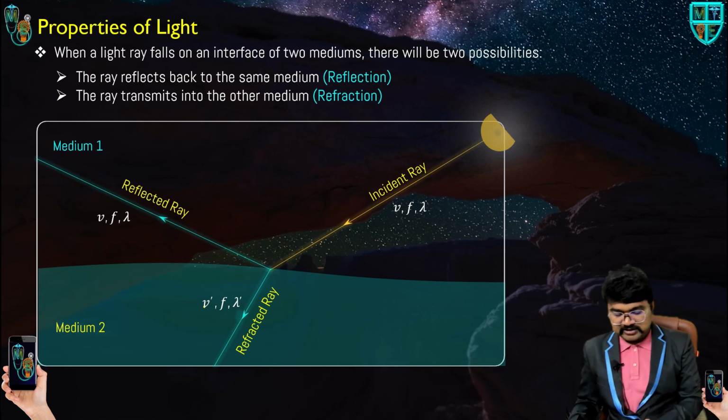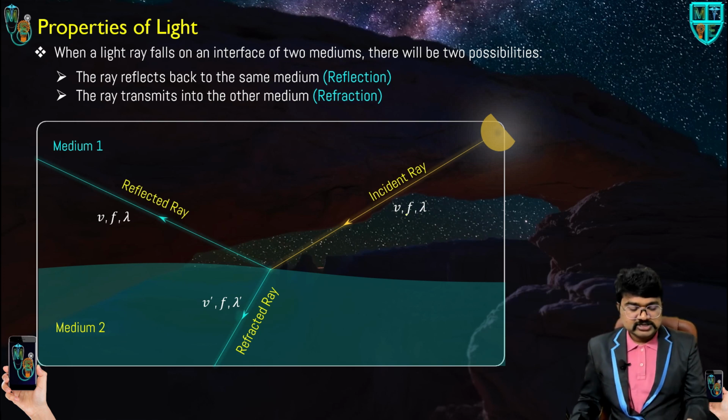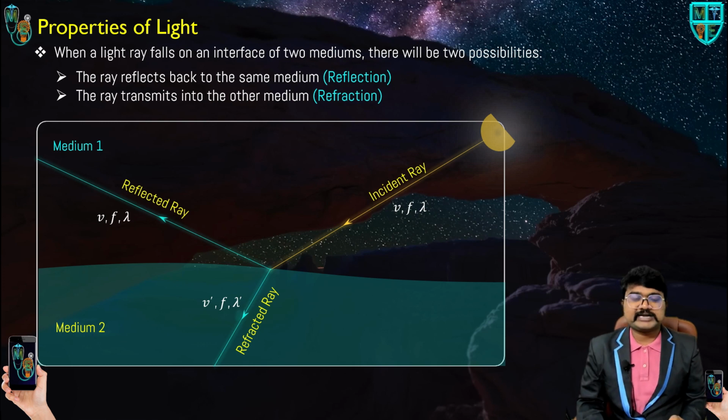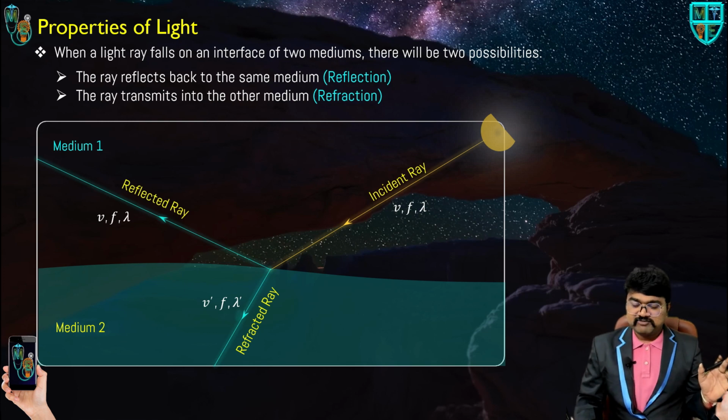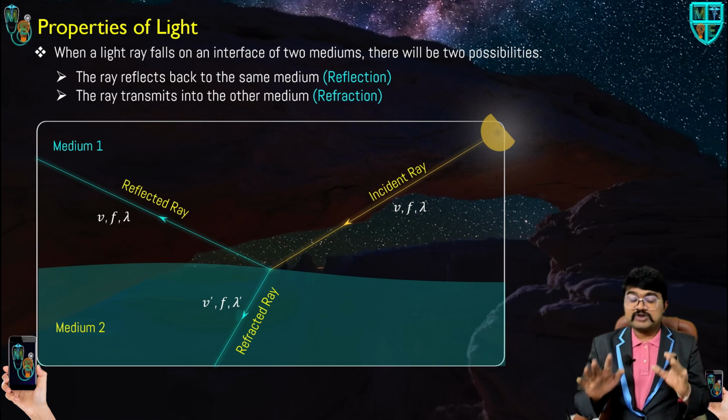Here V dash and lambda dash, versus V and lambda. So you can observe that in case of the reflected ray, the velocity, frequency and wavelength are not changing.